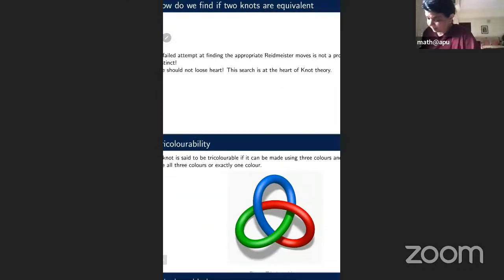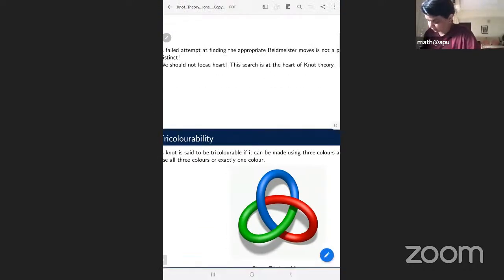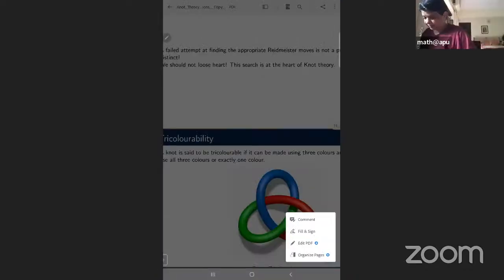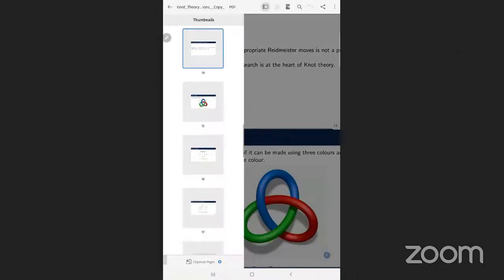So over here, I hope I can write. Oh, yeah. Ma'am, can you keep it in landscape mode? Landscape mode. How do I do that? Is it an iPad? You can tilt it.